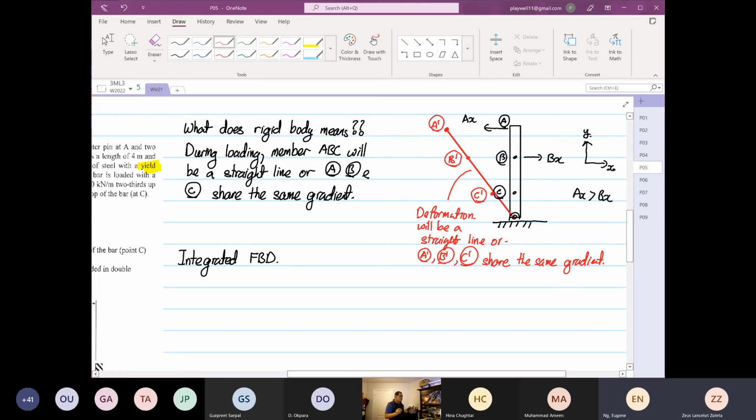That is what we mean by rigid body. It is just to make our analysis simple.